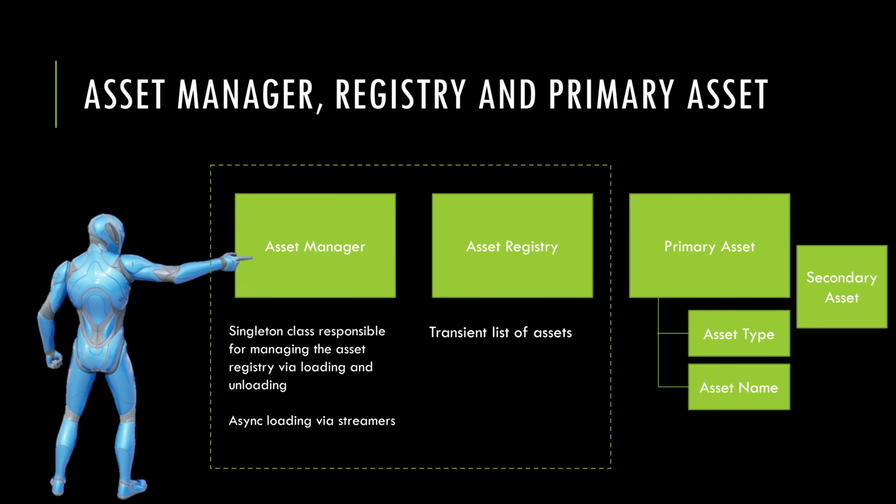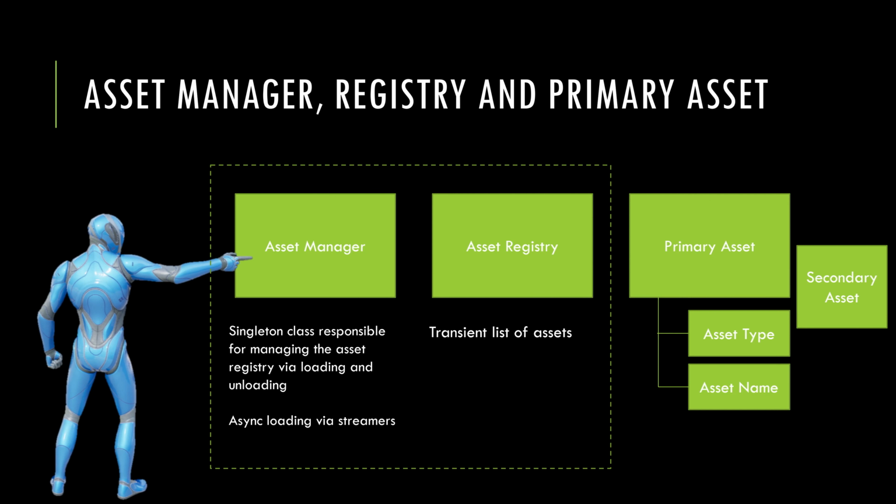The most common primary asset, the default primary asset, is the actual level. So when you package or cook a project, what the editor is doing is grabbing the primary assets. By default, that's the level. And then it is recursing itself through that primary asset and packaging up all the secondary assets.